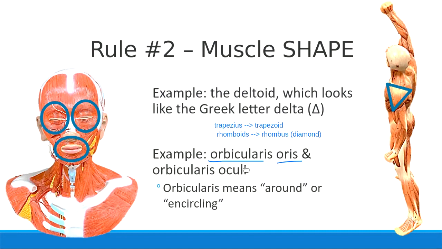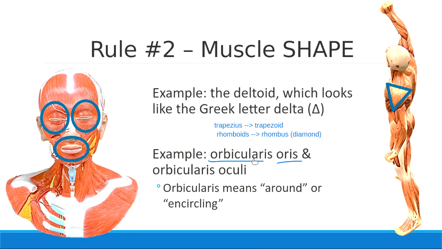That looks like the ocular region of the body. Or remember those oculars from a microscope? So oculi meaning ocular region, orbicularis meaning the shape. So please pay attention when I've got more than one word in its name. Read that question slowly and carefully to make sure you're telling me the right word that we're looking for.